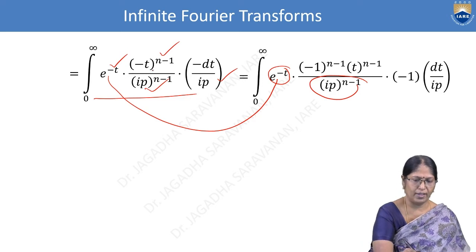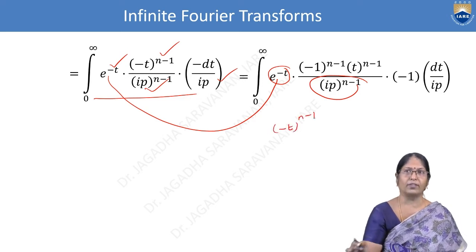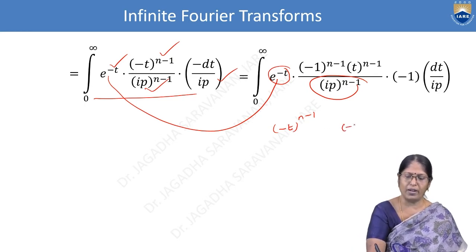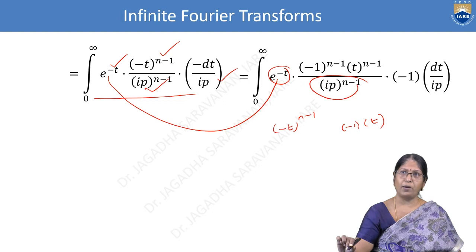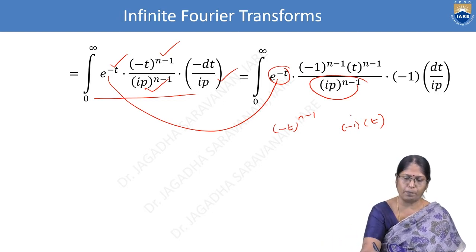But here, this (minus t) power n minus 1, we can write minus t as minus 1 into t. Mathematically it is correct. Minus t can be written as minus 1 into t, along with that power n minus 1.